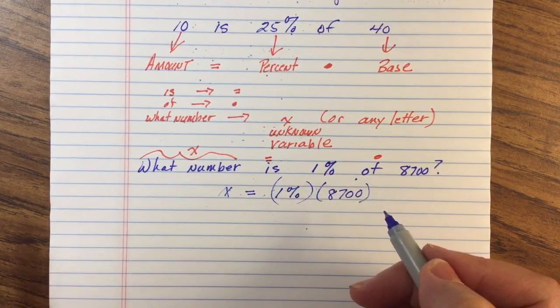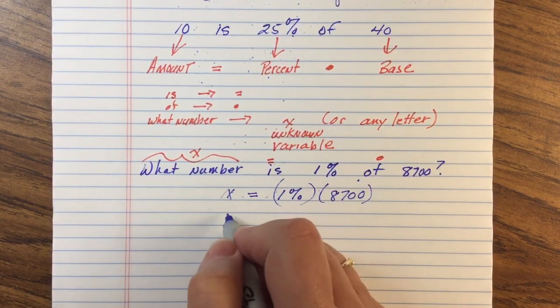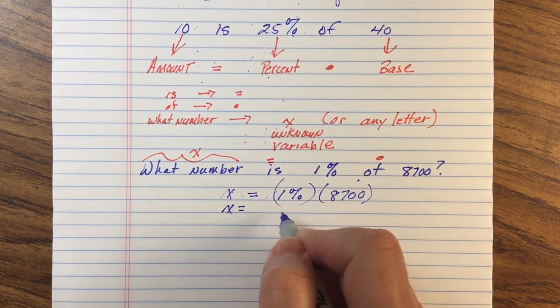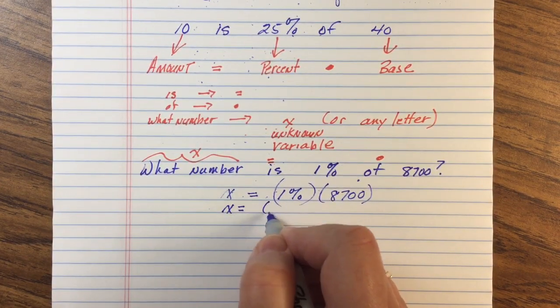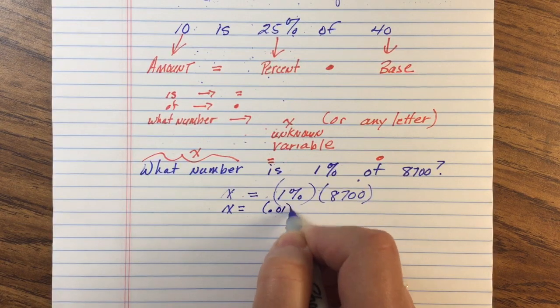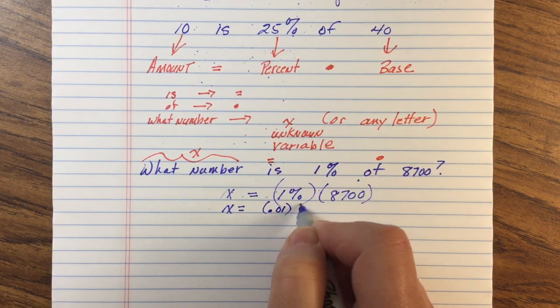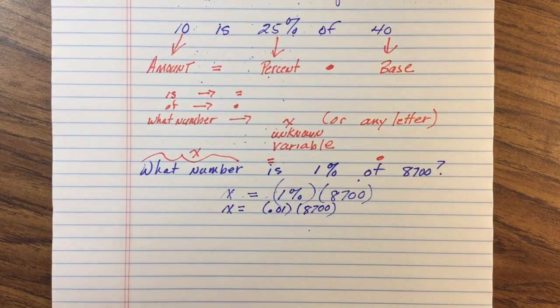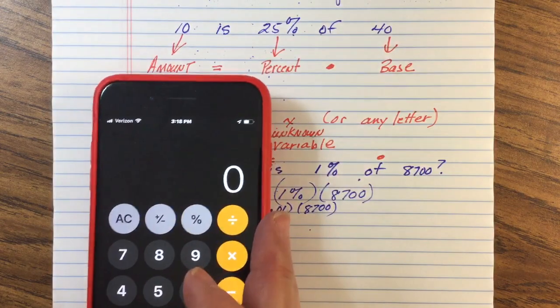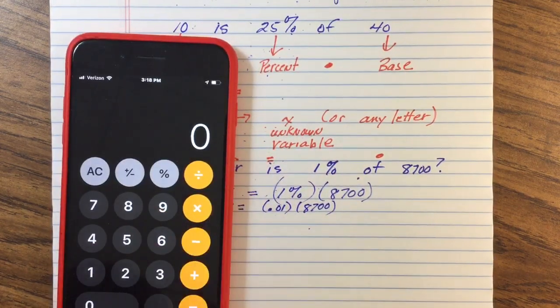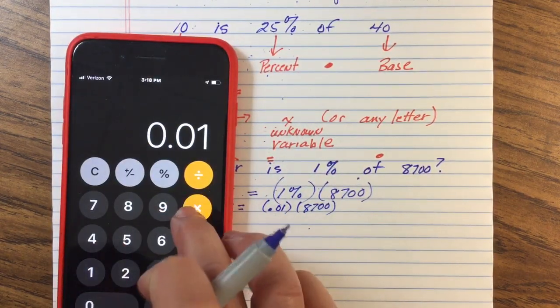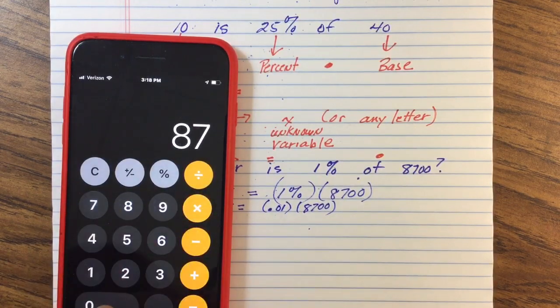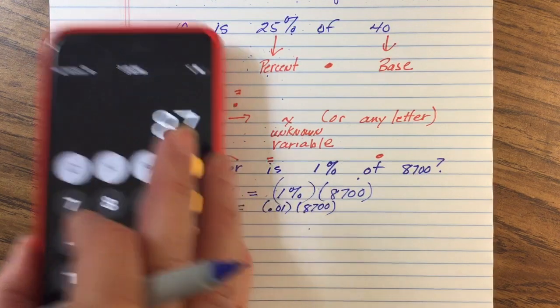Now, anytime we're doing a problem like this, the percentage needs to be expressed as a decimal. You should know that 1% is 1/100th, or 0.01, times 8,700. And then you, of course, can do your multiplication on your calculator. So on your calculator, you're going to take 0.01, and you're going to multiply it by 8,700 to get 87.